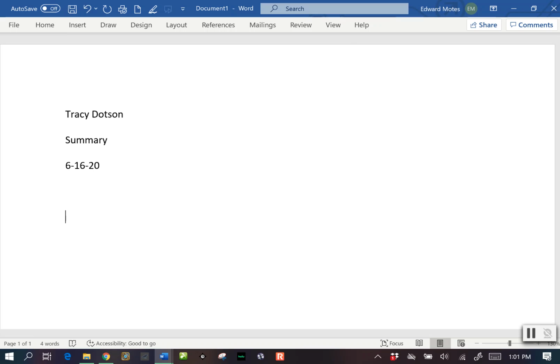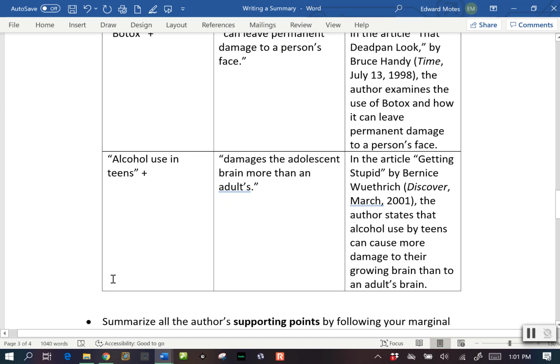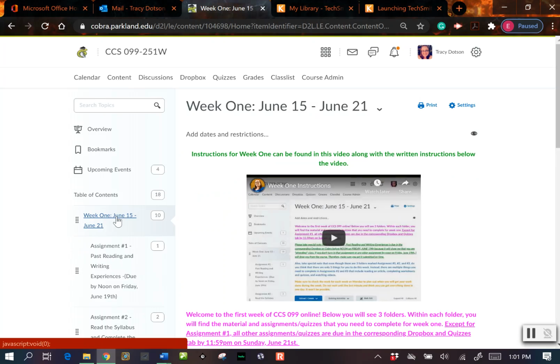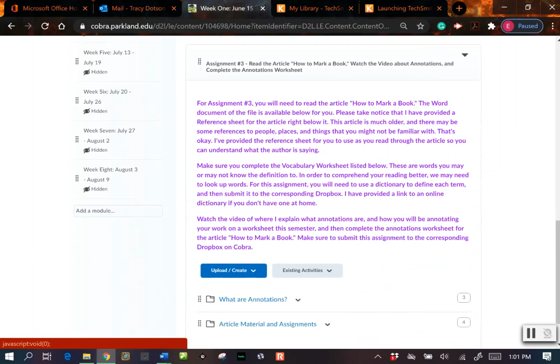All right, so then we're going to start our first paragraph. Now you want to make sure you indent each of your paragraphs. That's using the tab key up by the letter Q on your keyboard. So let's take a look at the previous article you had.